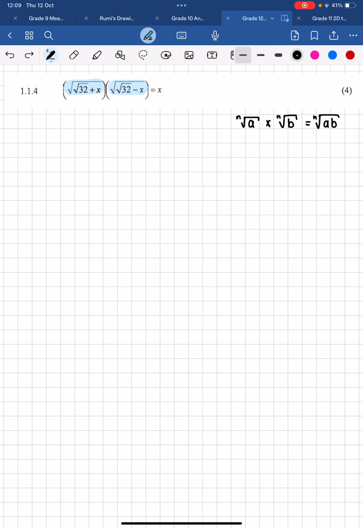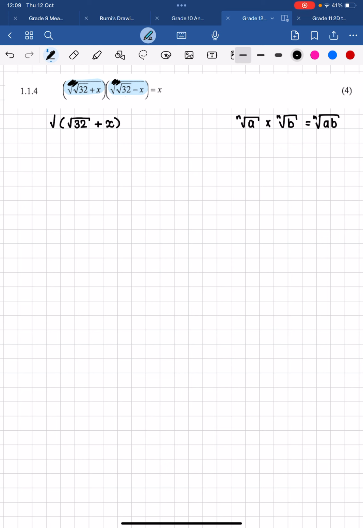Okay, so what we're going to do here is combine this into one square root because we have a square root multiplied by a square root. Now it's almost like we're leaving out that square root there and that one there. What is in that square root? Two terms, the square root of 32 plus x. That's what I have in the first square root.